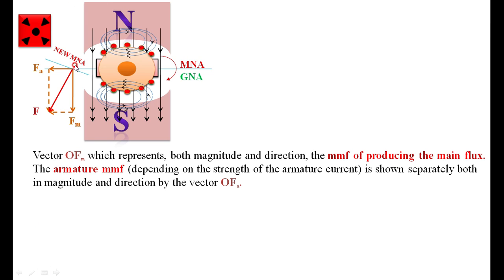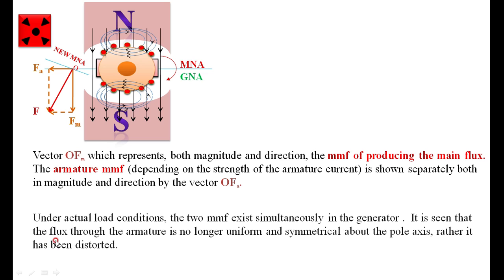Under actual load conditions, two fluxes are acting, Fm and Fa. The two MMFs existing simultaneously in the generator mean the flux through the armature is no longer uniform and symmetrical about the pole axis; it has been distorted. What do we mean by distortion, and by not being symmetrical? That we will see now.